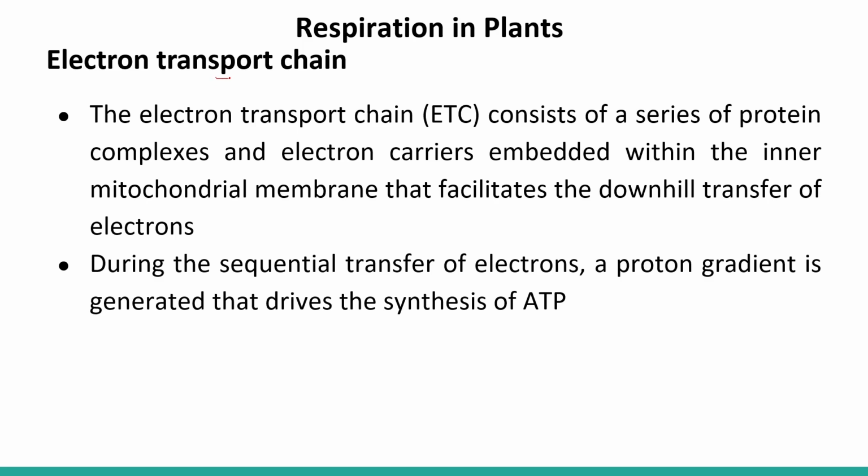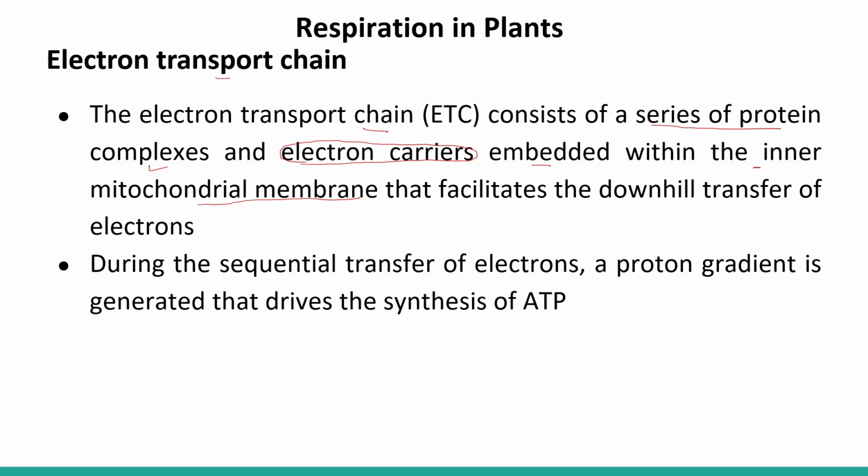First, let's talk about the electron transport chain. What is the electron transport chain? It consists of a series of protein complexes and electron carriers, which are embedded within the inner mitochondrial membrane. That's why oxidative phosphorylation takes place in the inner mitochondrial membrane.